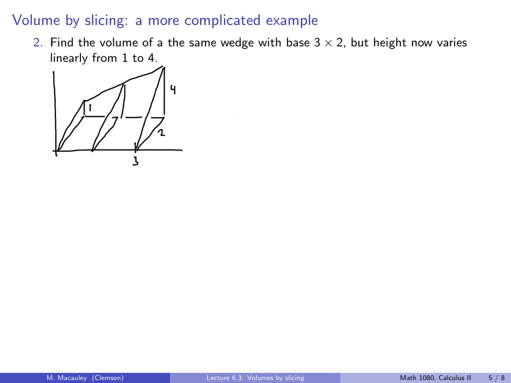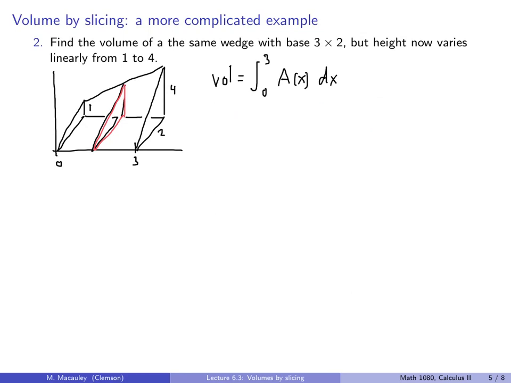So as before, the volume is, well, we're integrating from 0 to 3 the area of each slice, so A of x times dx, the infinitesimal width of each slice.